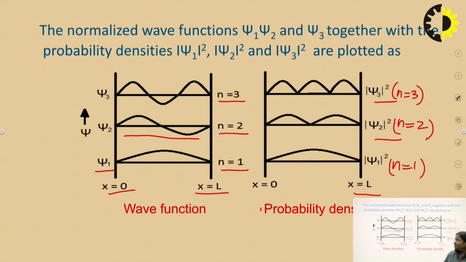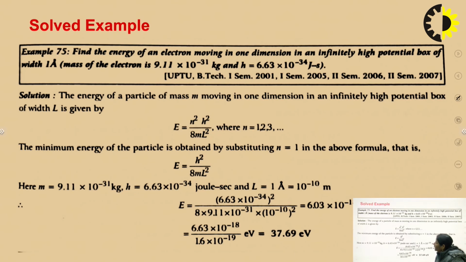Now we can discuss some of the numericals which are asked in the examination about this problem. In the first numerical, the question says: find the energy of an electron moving in one dimension in an infinitely high potential box of width 1 angstrom.